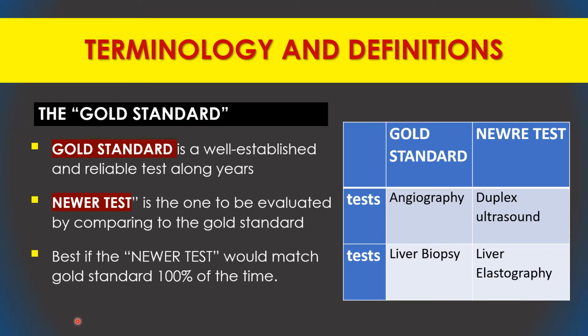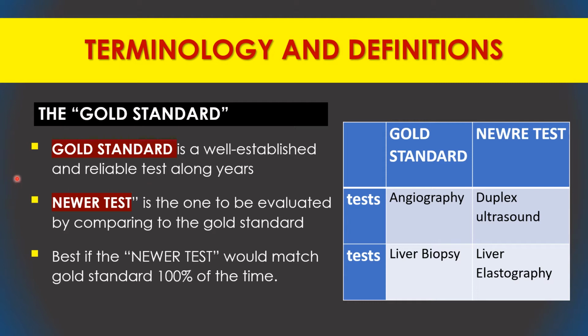So as we see here, we have what we call the gold standard. The gold standard is a well-established and reliable test that has been proved over years and years. And we are assuming that this gold standard is almost 100% accurate in diagnosing any problem.